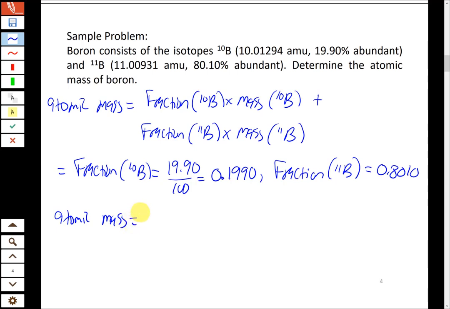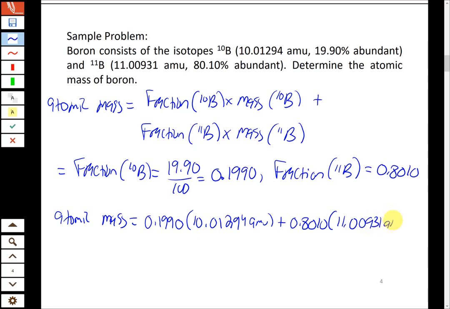So it's going to be the fraction of boron 10, which is 0.1990, multiplied by its mass, which is here given as 10.01294 AMU, plus the fraction of the second isotope times its mass, and what that comes out to is 10.811 AMU.